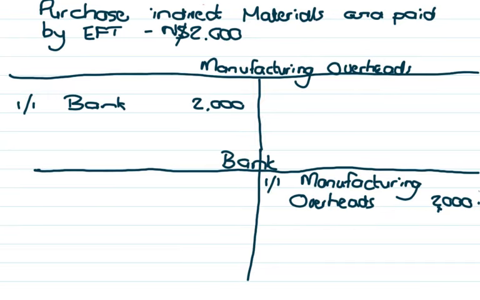We now purchase indirect materials and paid by EFT. Now remember, indirect materials is classified as manufacturing overheads, so you won't have an indirect materials account, you will have a manufacturing overheads account. It's an expense, so it will be on the debit side. Bank, you made a payment from the bank, an EFT also always indicates that it's a bank account.